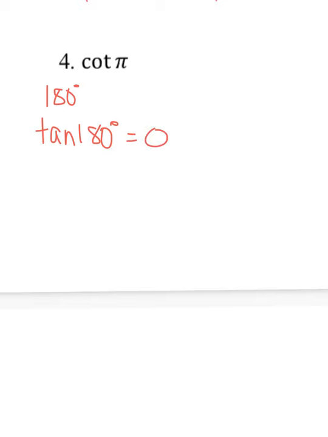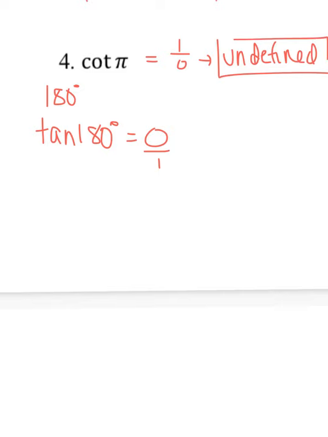Okay, let's call that, just for a second, 0 over 1. When you go to take the reciprocal of that, because I want the cotangent of 180, not the tangent, that becomes 1 over 0. And whenever you divide by 0, that's undefined, as your answer.